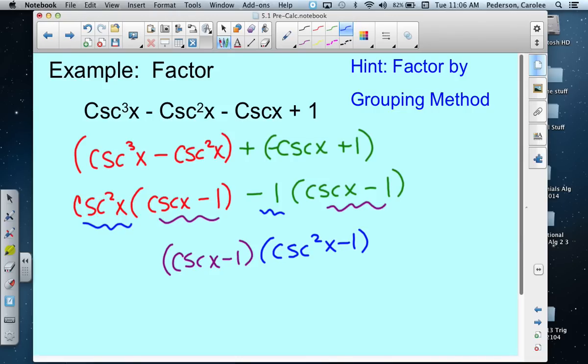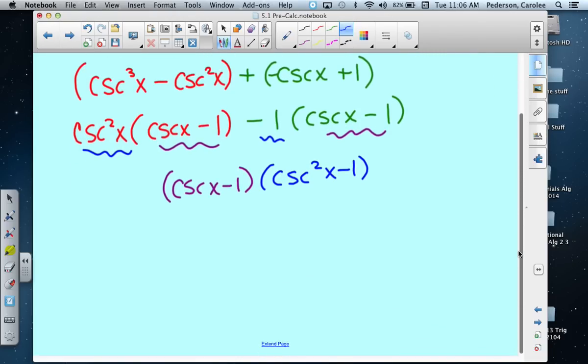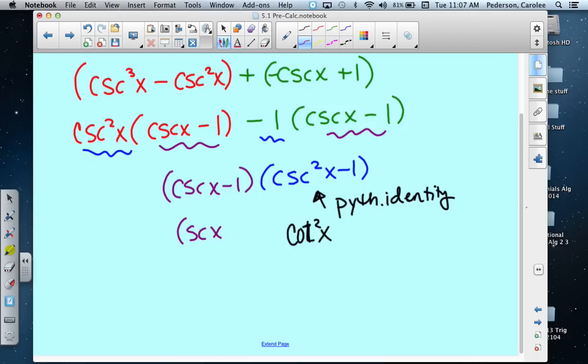Now we look, and in the blue parentheses, this piece right here is a Pythagorean identity for the cotangent of x. And we still have this cosecant of x minus 1.